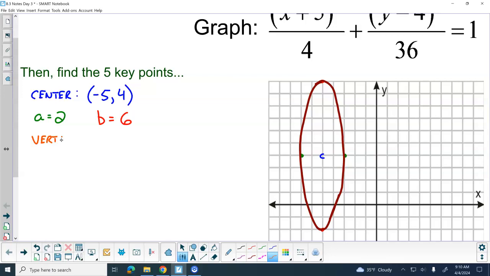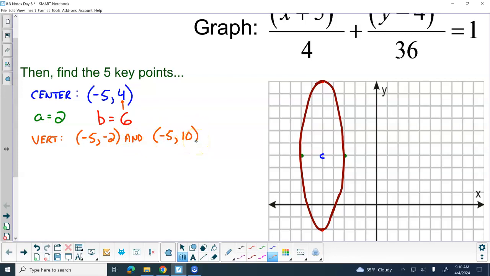I'm going to take this 6 value and add it to the y part because 6 is bigger than 2. I'm going to have negative 5 comma negative 2 and negative 5 comma 10.